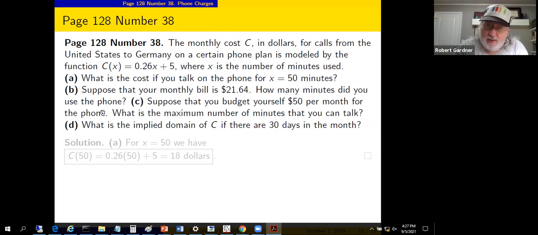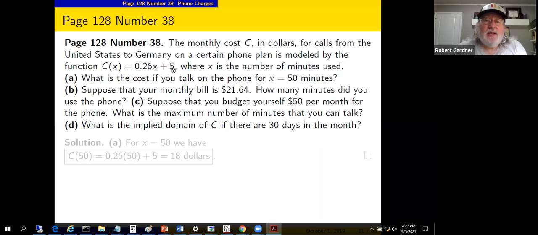How many minutes did you use the phone in this way? Part C. Suppose that you budget yourself $50 per month for the phone. What's the maximum number of minutes that you can talk? So how many minutes makes the bill $50? And part D, what is the implied domain of C if there are 30 days in the month? Okay, this last question is a little weird, but we'll do it anyhow.